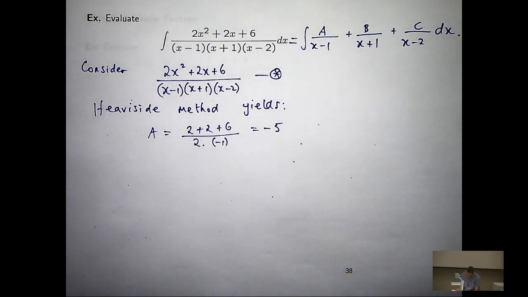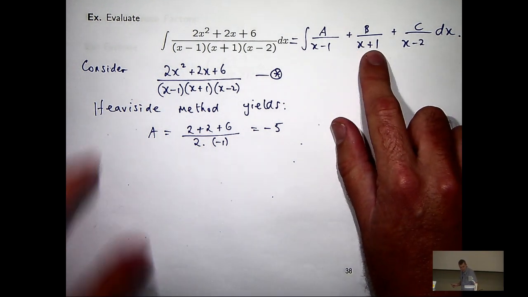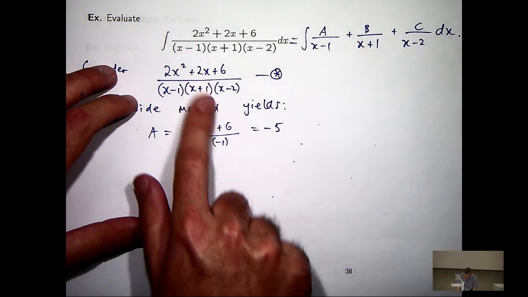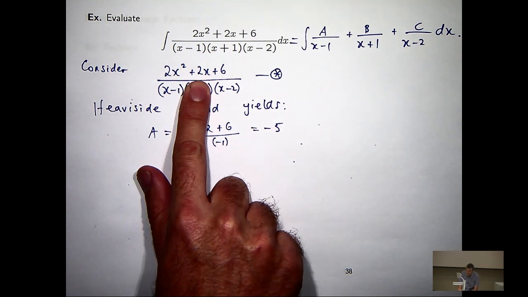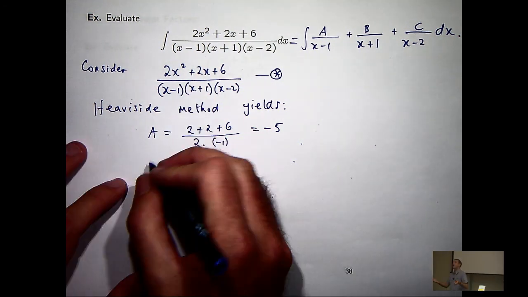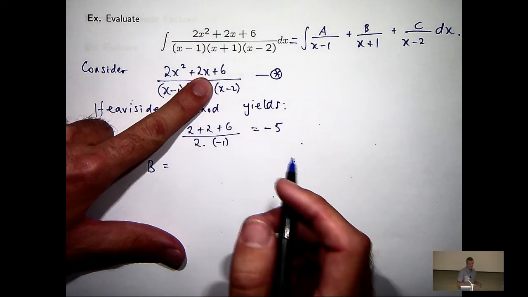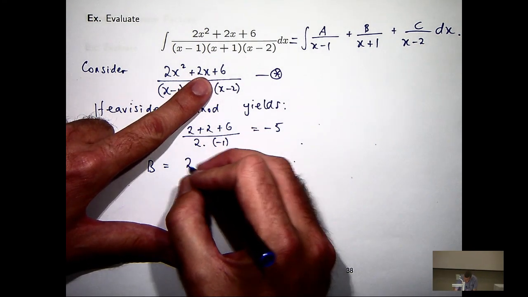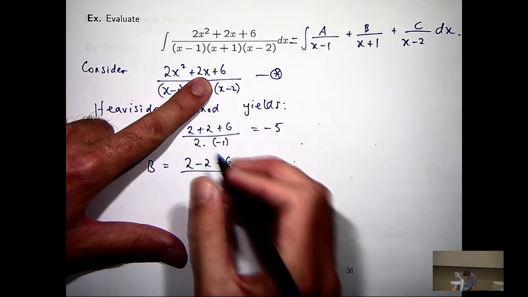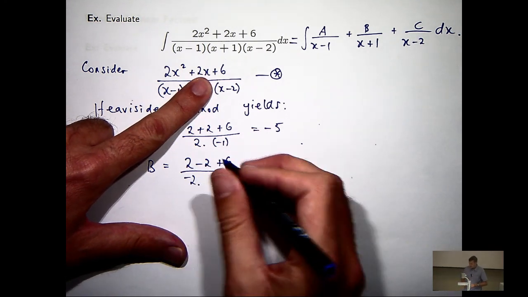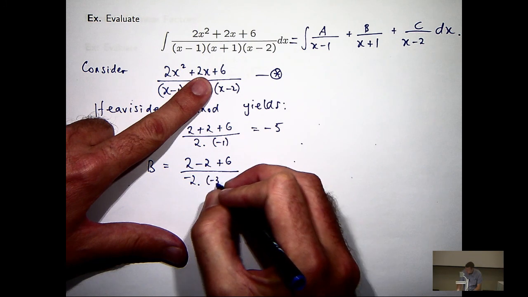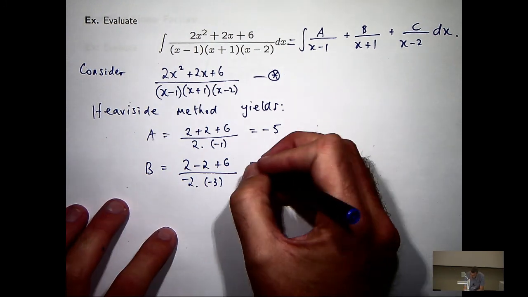So for B, it lies above x plus 1. Go here, cover up x plus 1 and substitute in x equals minus 1. If I cover that up and substitute in x equals minus 1, you're going to get something like this.